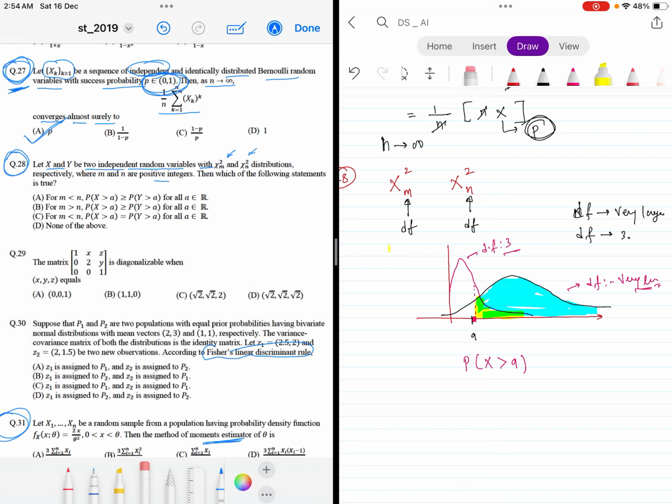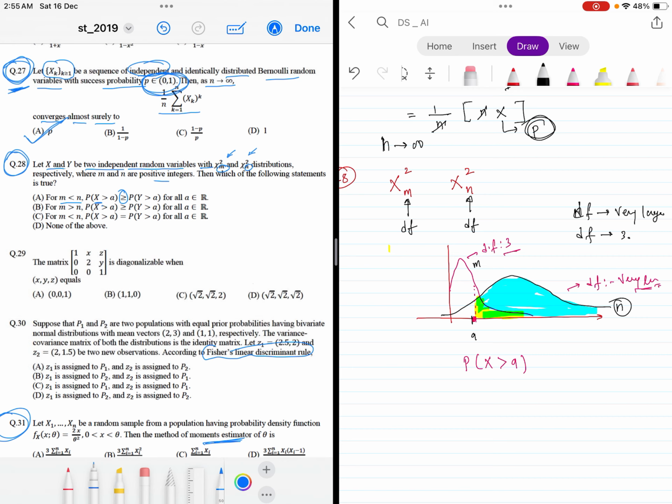So now check the options, right? For m greater than n, let's suppose that this is n and this is m, because here m and n are the degrees of freedom. So in option A, the probability that random variable x is greater than 0 is greater than or equal to the probability that y is greater than 0.